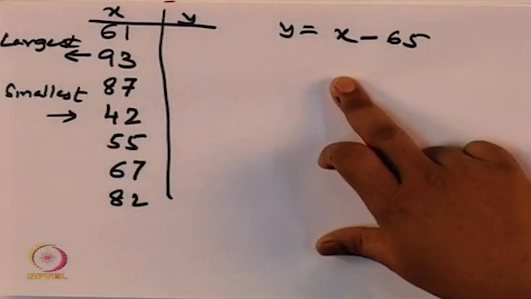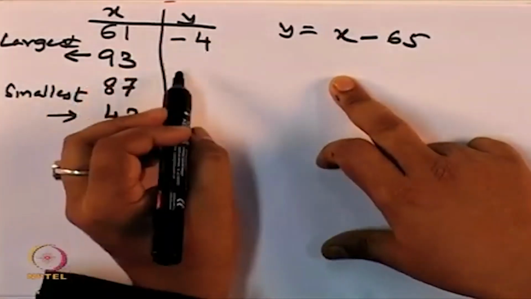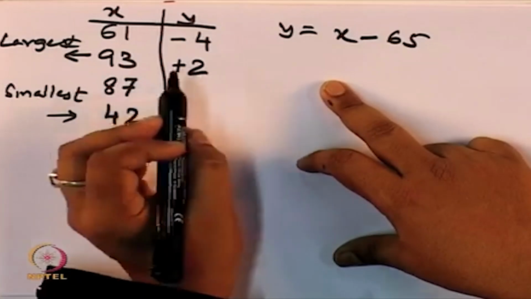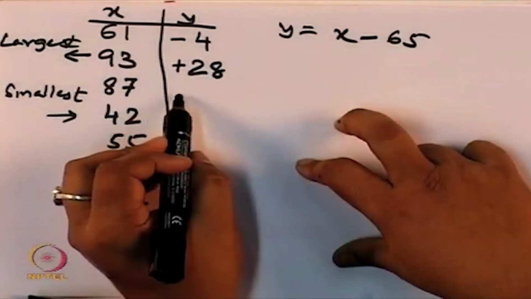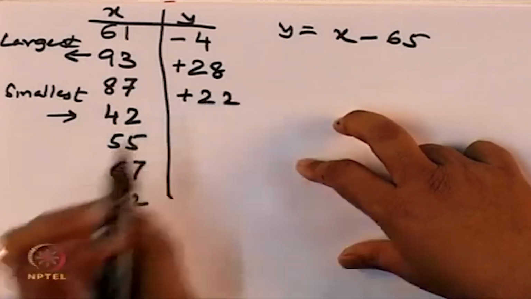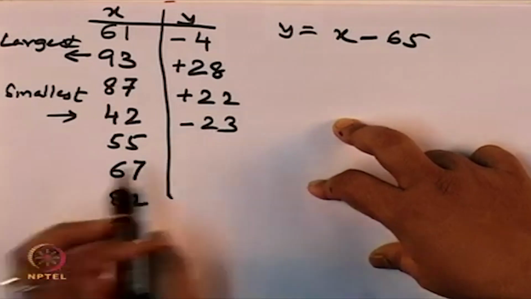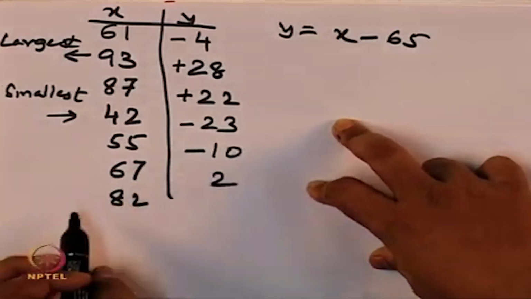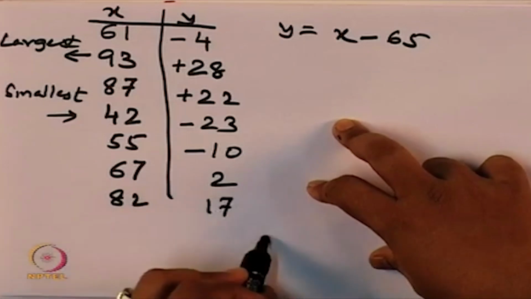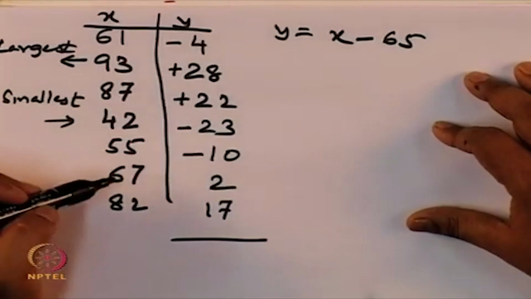If I define y as x minus 65, then this becomes minus 4, this becomes plus 28, this becomes plus 22, this becomes minus 23, 55 means minus 10, 67 means 2, 82 means 17. Okay. So, I can add these numbers up, this is much more reasonable than adding much bigger numbers.